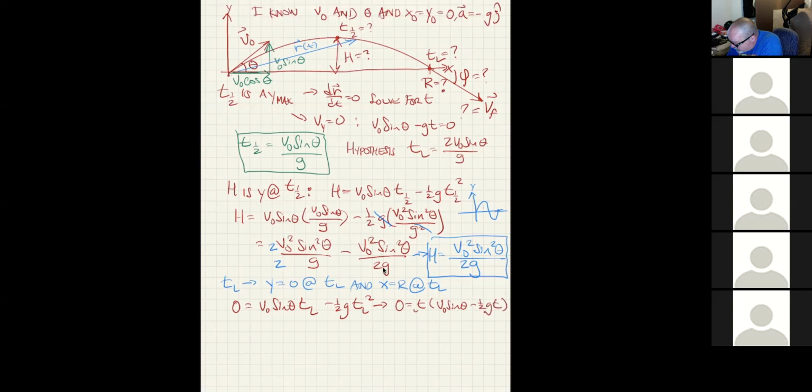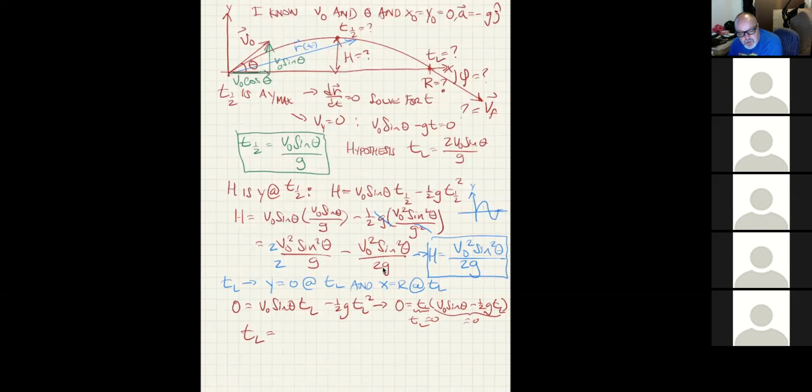So this corresponds to t equals 0. And actually, both of those should be written as TL. This corresponds to TL equals 0, which can't mean anything. That's when it took off. But this right here has to be set equal to 0 as well, and that will actually give me TL. So now I can see that TL is equal to, notice I'm going to put this on the other side of the equal sign. That'll become positive.